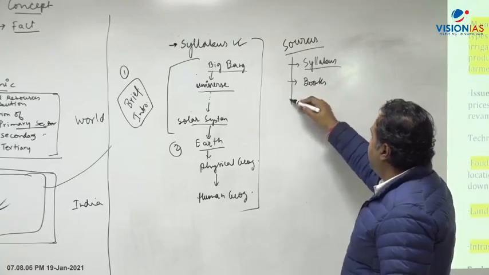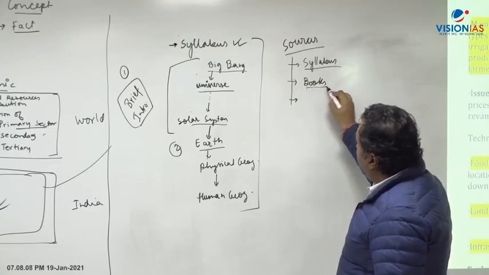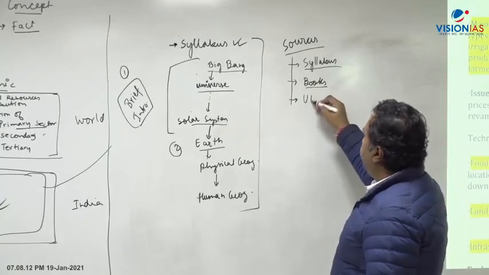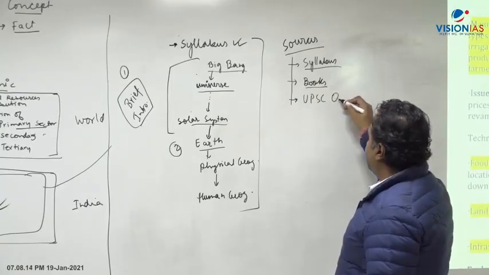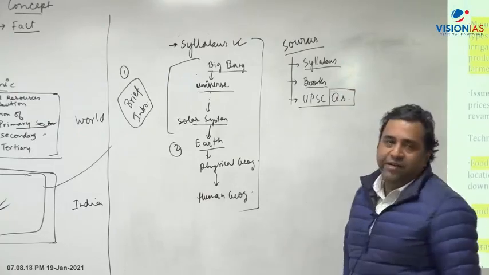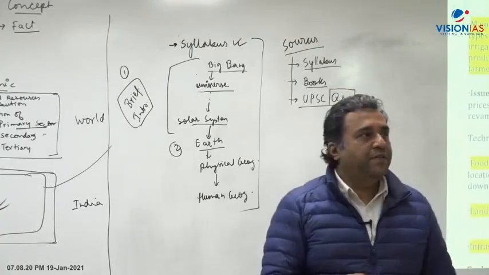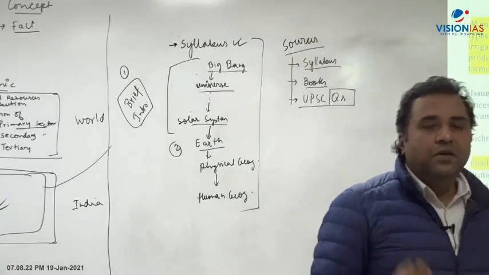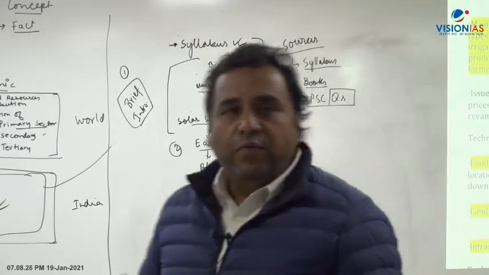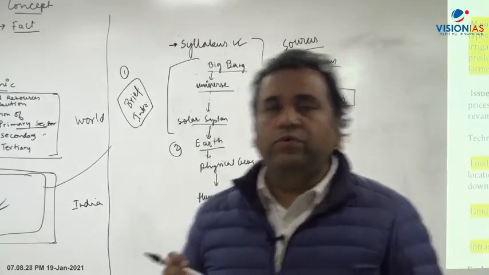And the third one: what to read from the books, who will tell you? UPSC questions. They will tell you what to read from the books. So you must focus on UPSC questions to get a sense of what you have to read.